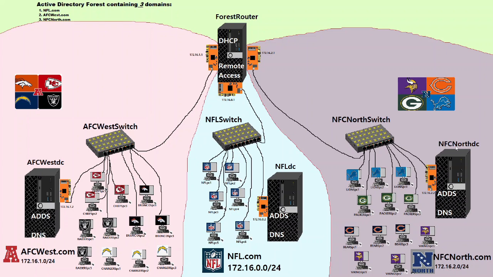You're dealing with a lot of numbers, 172.16.whatever. But if you look at this diagram, it'll all make sense, because you see 172.16.0.1 is connected to the NFL switch, which is connected to 172.16.0.2, which is the virtual NIC on the domain controller.